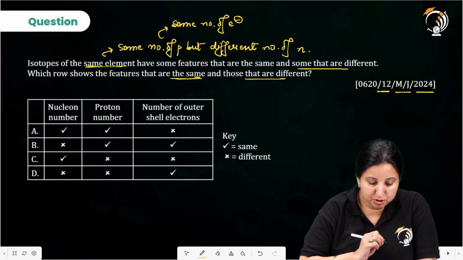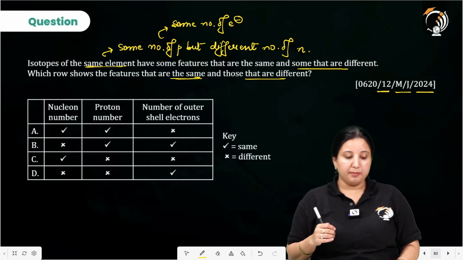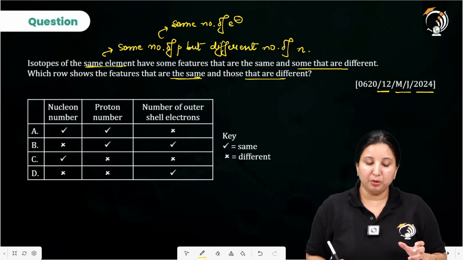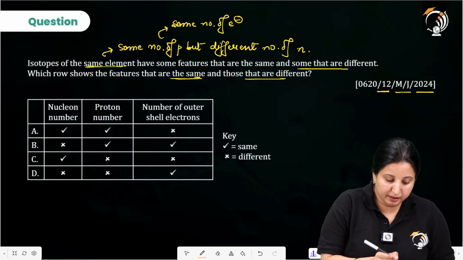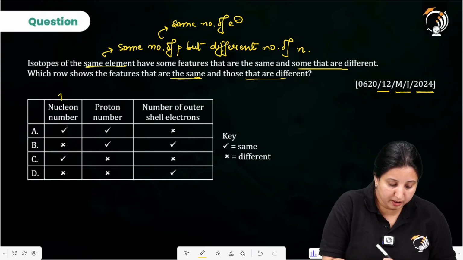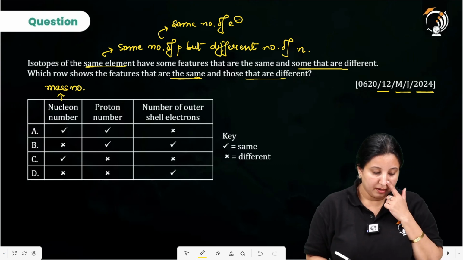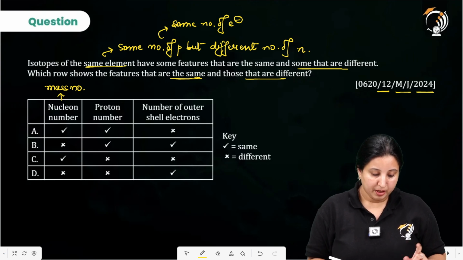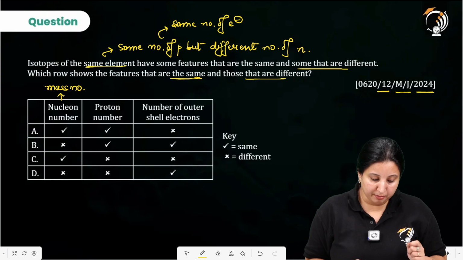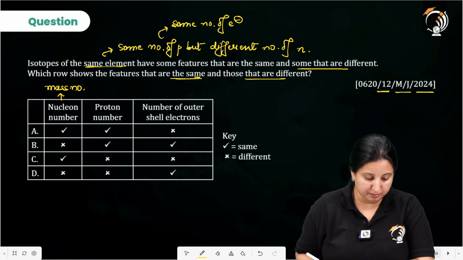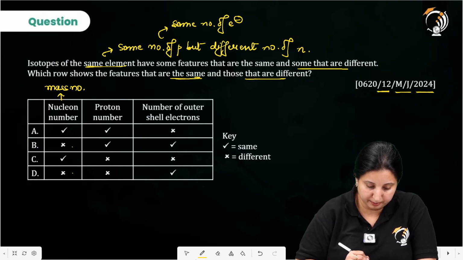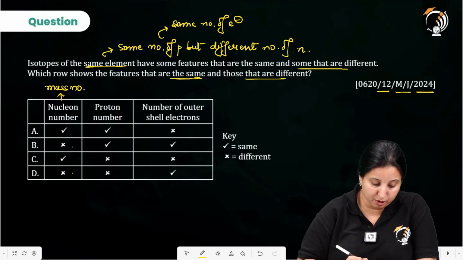Nucleon number. So when we were studying the concept just now, few minutes back, what I told you, that nucleon number is what? It is the mass number only. Okay, because your protons and neutrons are present in that only. So we have different mass numbers. Yes, so I can expect from B and D my answer. Same protons.